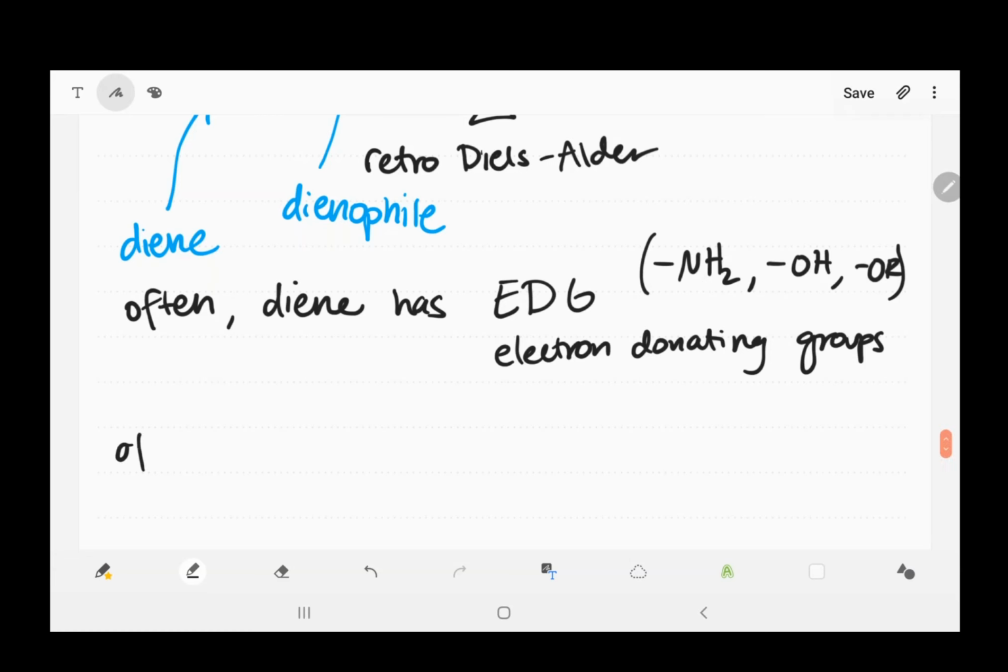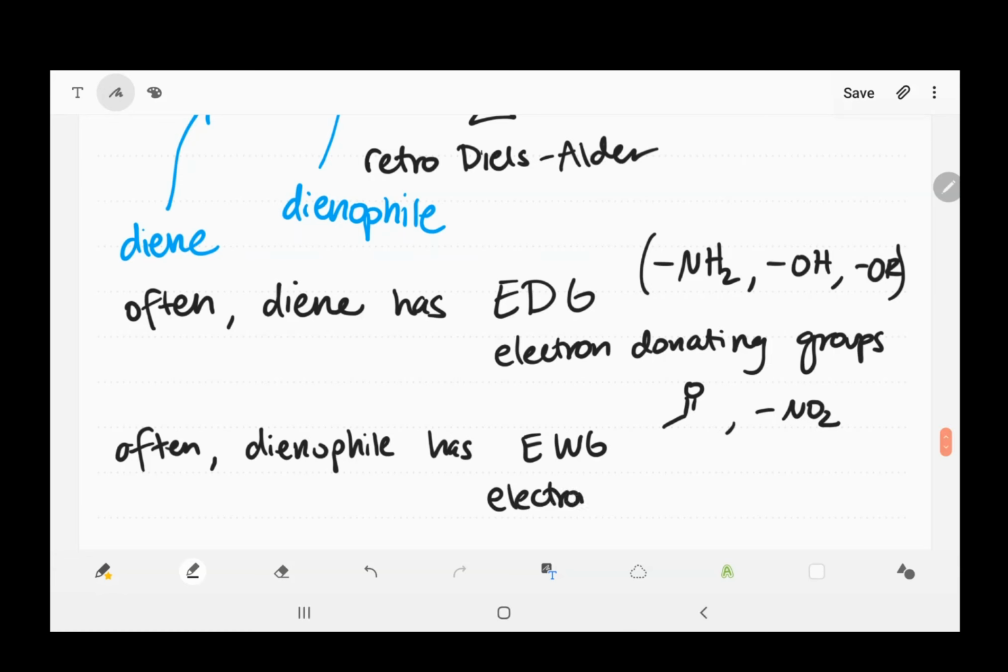And often your dienophile has electron withdrawing groups, like a carbonyl or a nitro. Those are very common with these sorts of reactions. Sulfonyl. So, common electron withdrawing groups there.